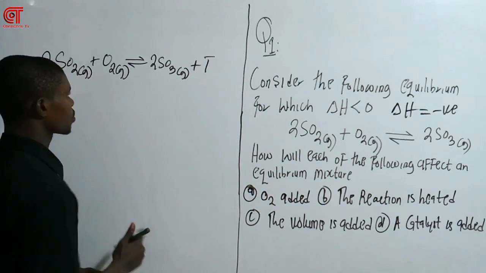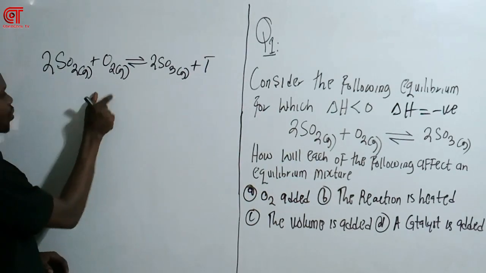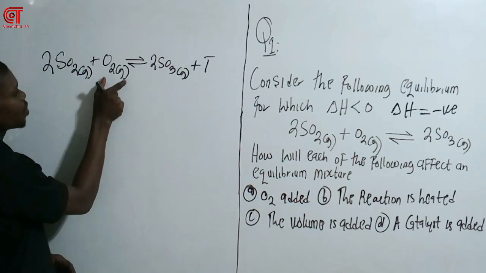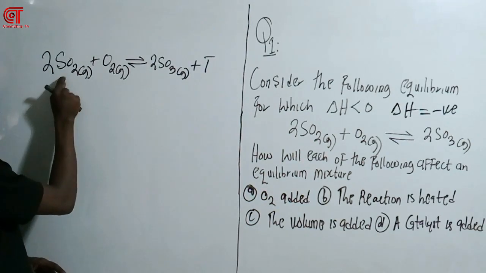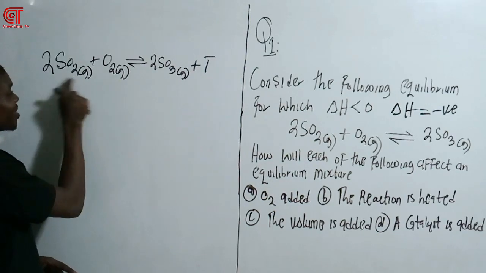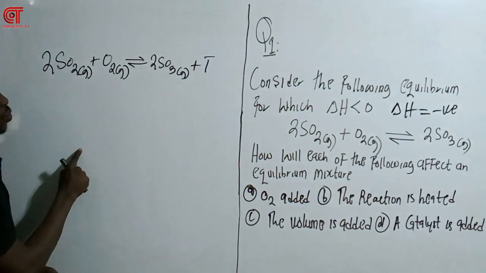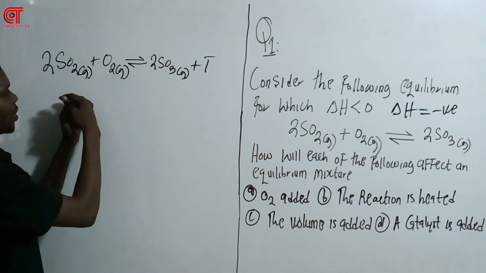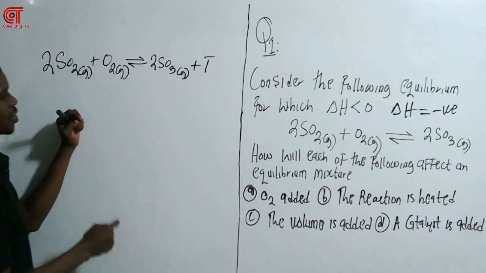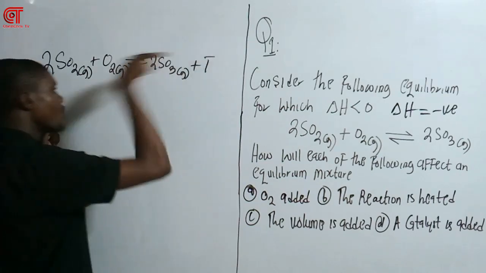As you increase O2, it will react with SO2, so an increase in O2 will decrease SO2. As they react together, SO3 increases, and the reaction moves forward.